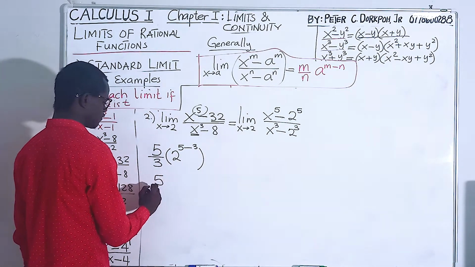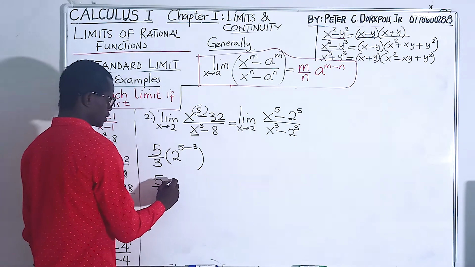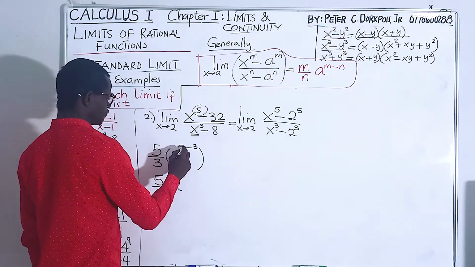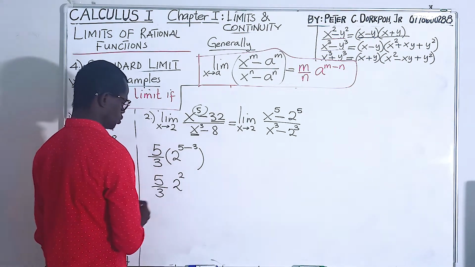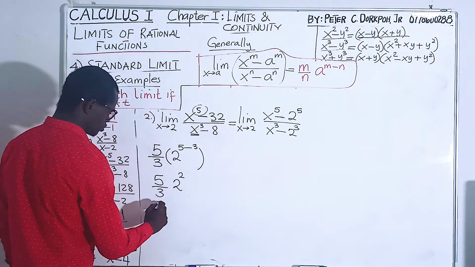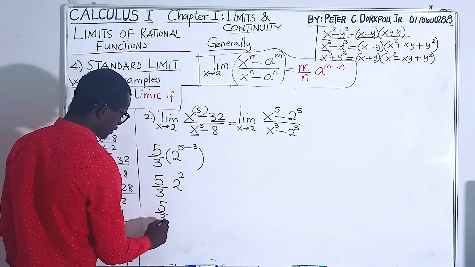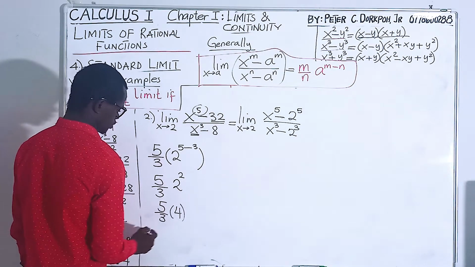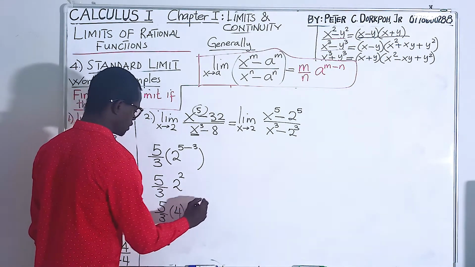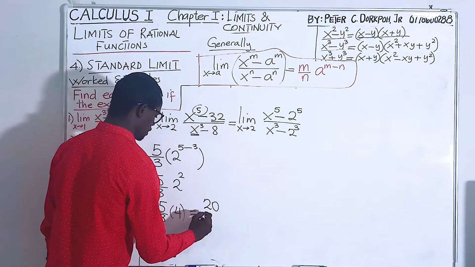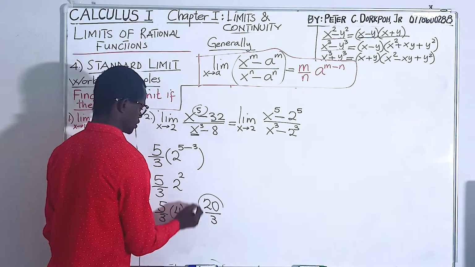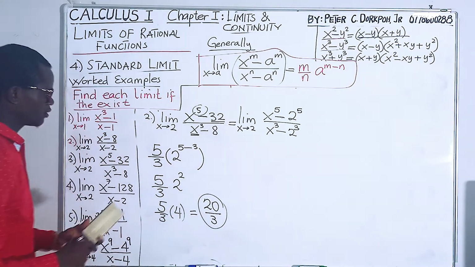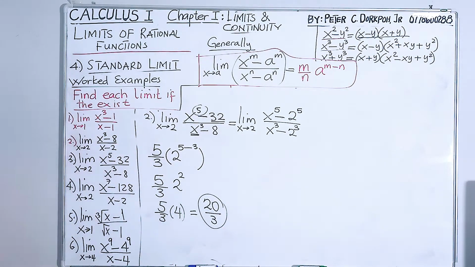So this is 5 over 3 times 2 raised to the power 5 minus 3 now is 2. So this is 4. So you have 5 over 3 times 4. So 5 times 4 now is just equal to 20 all over 3. So our final answer now is 20 over 3.